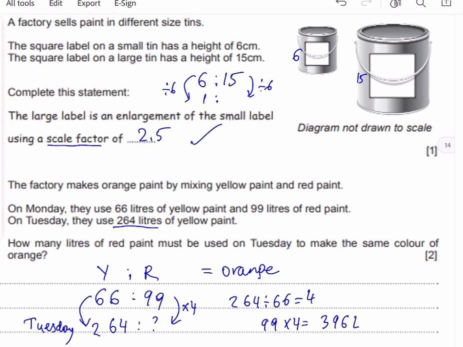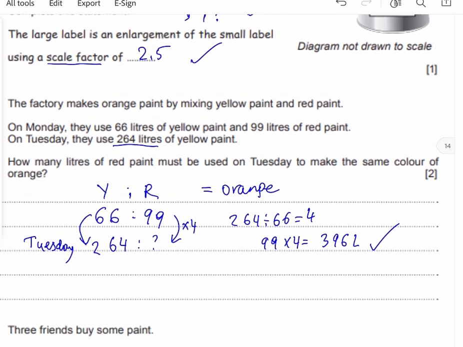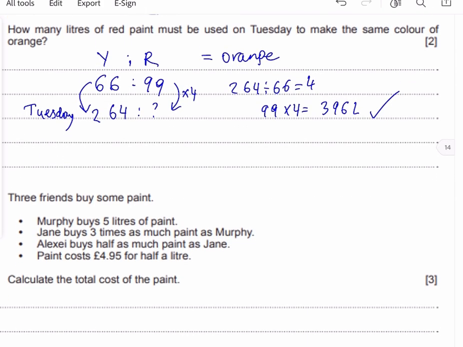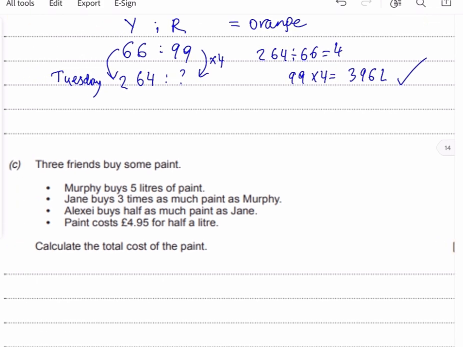So 396 liters. Let's have a look at the next question.